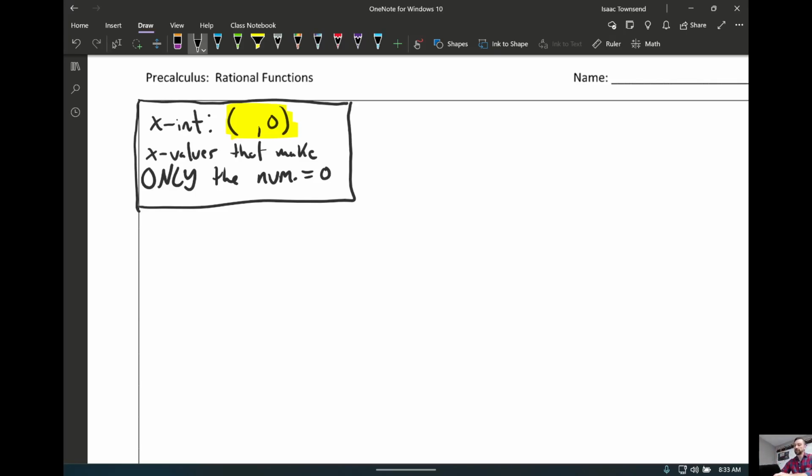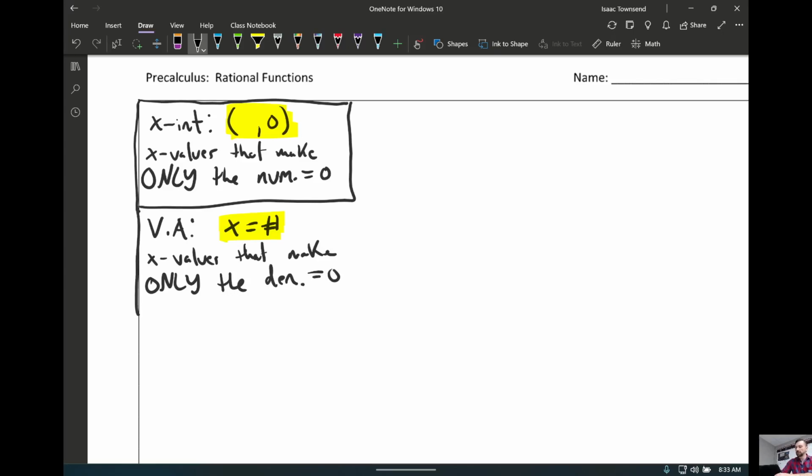Okay, we talked about finding vertical asymptotes. Not every rational function is going to have a vertical asymptote, but those are vertical lines, so the answers will be x equals a number, like all vertical lines. And these came from x values that make only the denominator equal to 0.